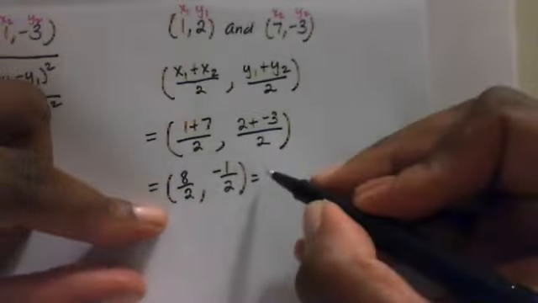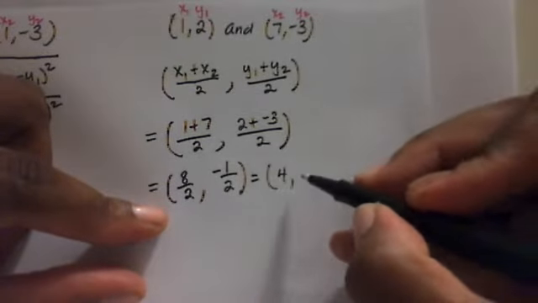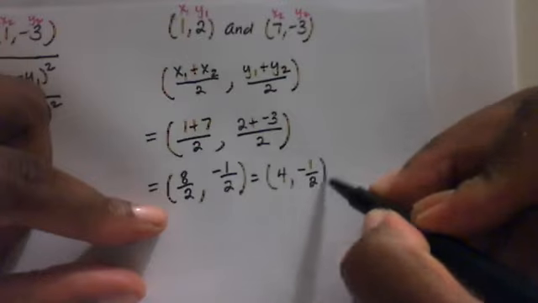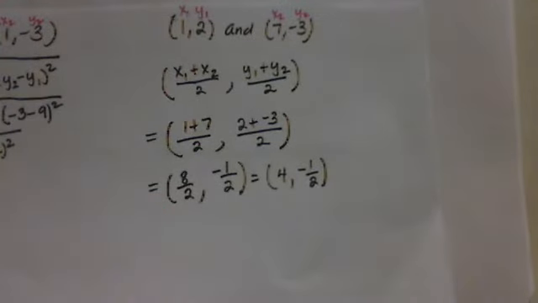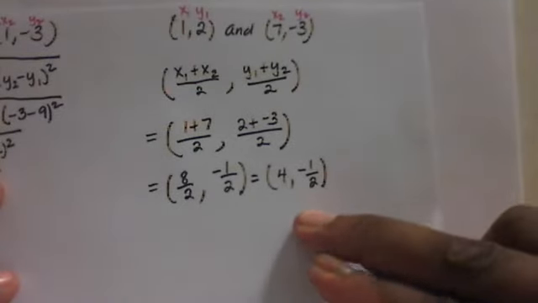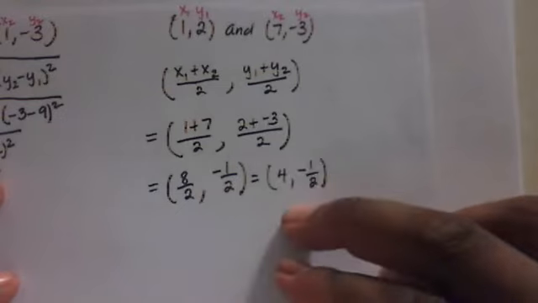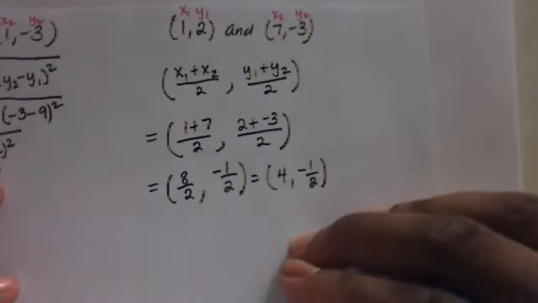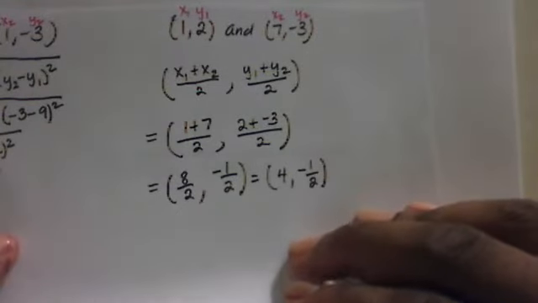That's going to give us 4. But for negative 1/2, we'll just leave that as negative 1/2. So the midpoint of the line segment whose endpoints are 1, 2, and 7, negative 3 will be 4, negative 1/2. Okay, that ordered pair represents the midpoint of that line segment that contains those 2 points, or those 2 endpoints.